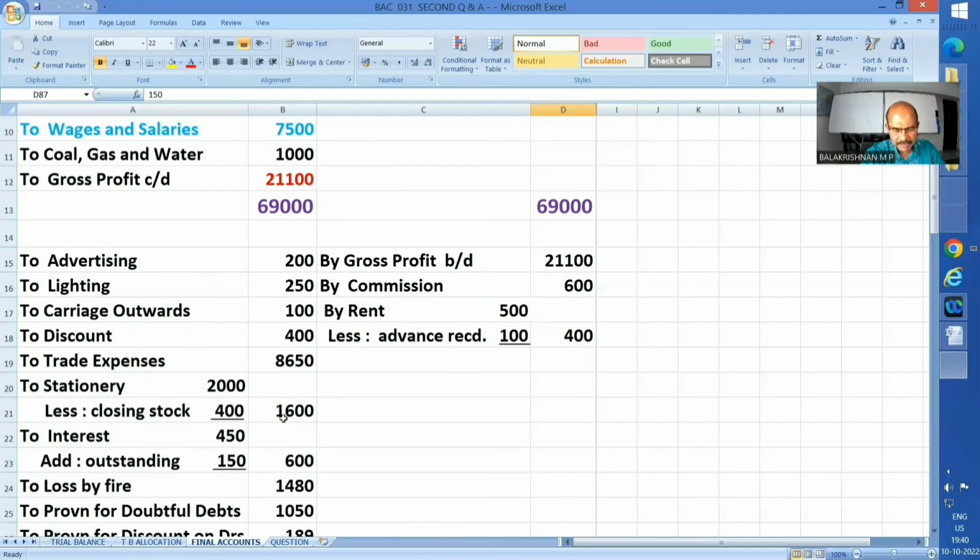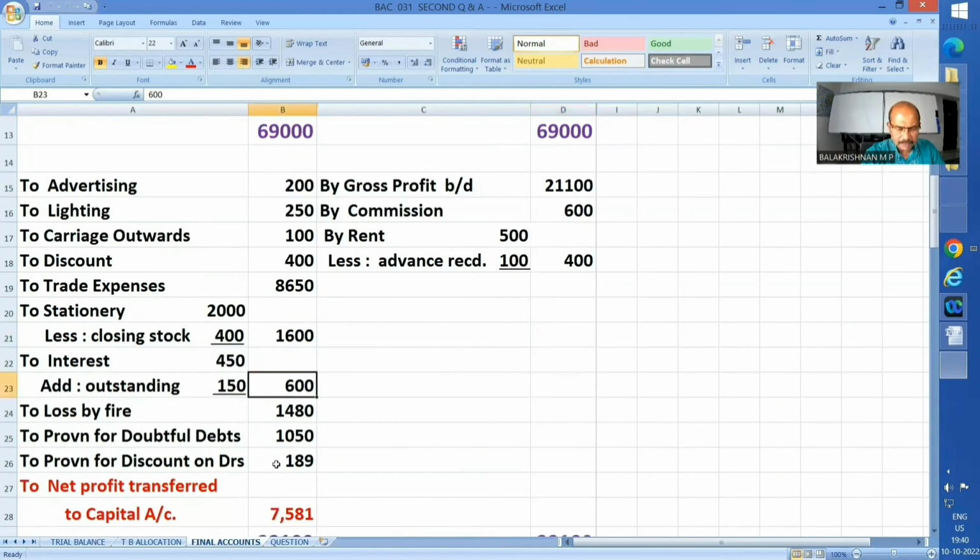Consumption only is the real expenditure, not the purchase. You have to consume what you purchase, then only it constitutes an expenditure. And interest, I just now explained to you. 450 is the paid amount plus payable, total expenditure for the year is 600. Loss by fire also I explained to you. Provision explained.